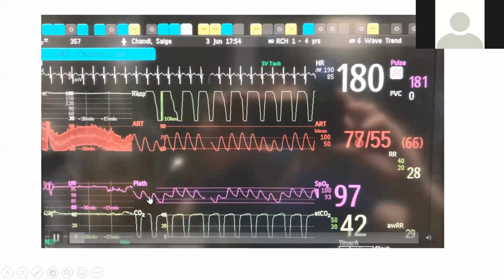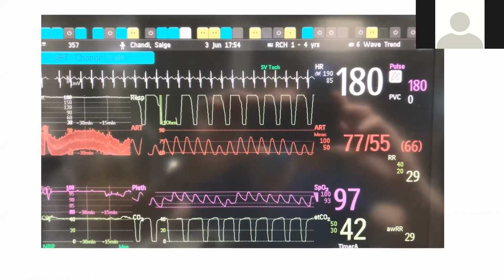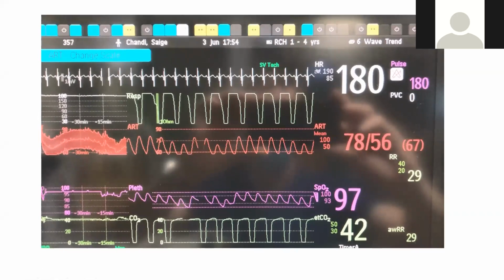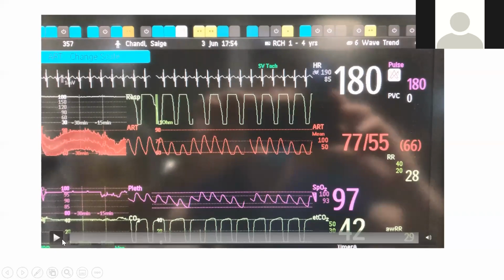What is it about the oxygen saturation trace that looks abnormal? Well, it goes in waves. You can see how it goes down and then it goes up and then it goes down and then it goes up and then down again. You see that? Just watch again.